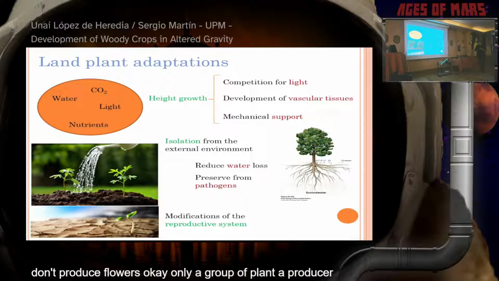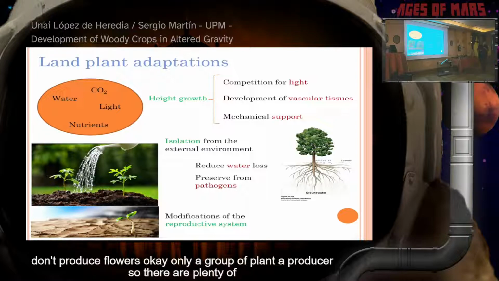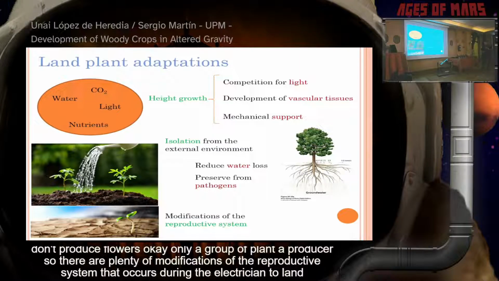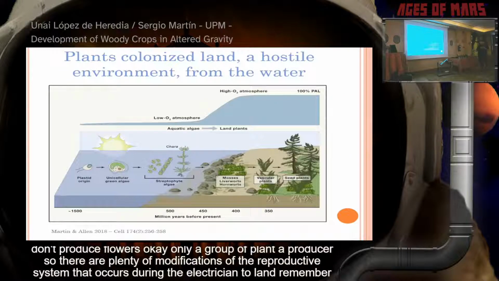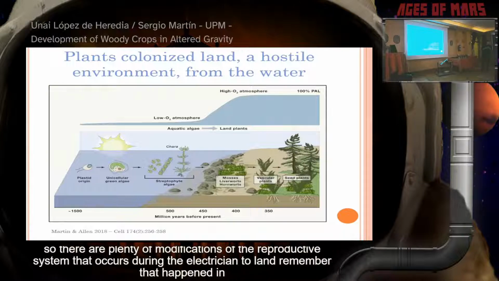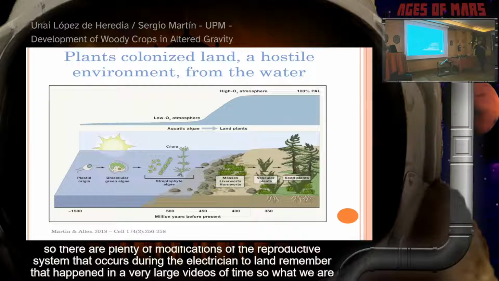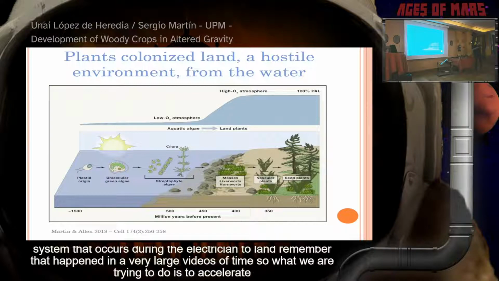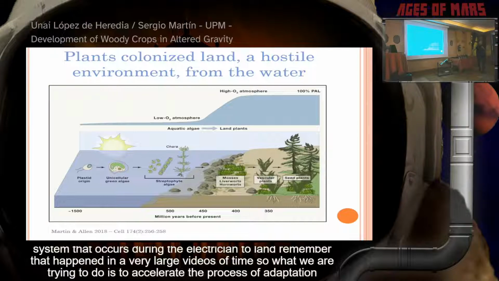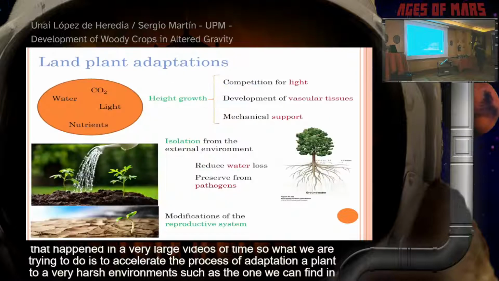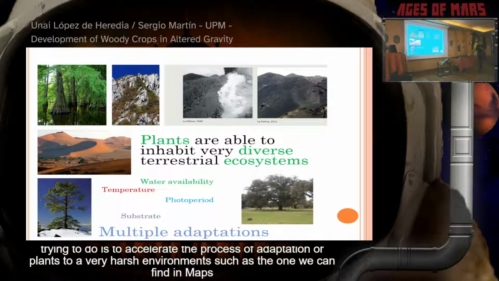So there are plenty of modifications of the reproductive system that occurred during the adaptation to land. But remember that this happened over a very large period of time. So what we are trying to do is to accelerate the process of adaptation of plants to a very harsh environment such as the one we can find on Mars.